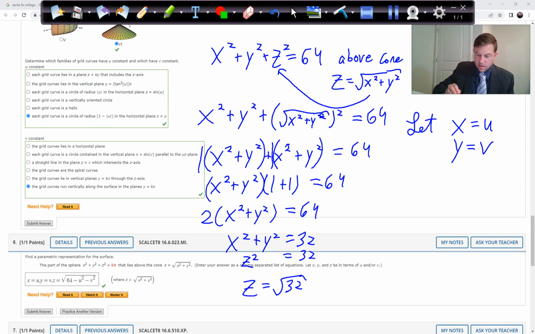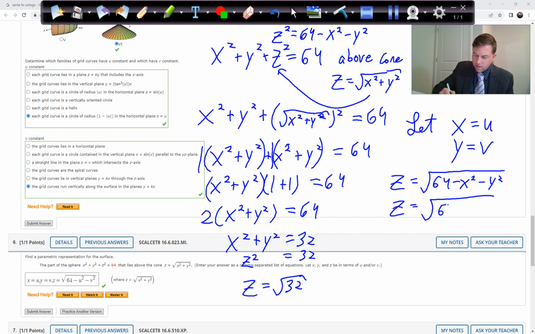We would say, from this equation, z squared is 64 minus x squared minus y squared. And then to get z, we're going to take a square root of that. So it's going to be the square root of 64 minus x squared minus y squared, but we just changed x and y to u and v respectively.